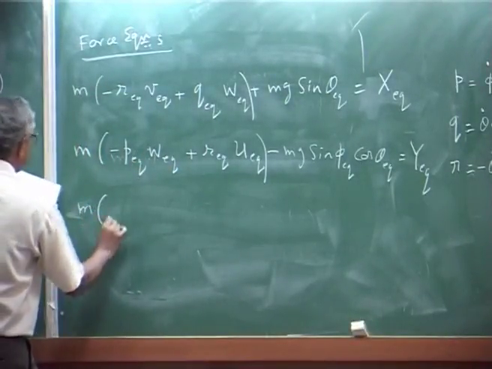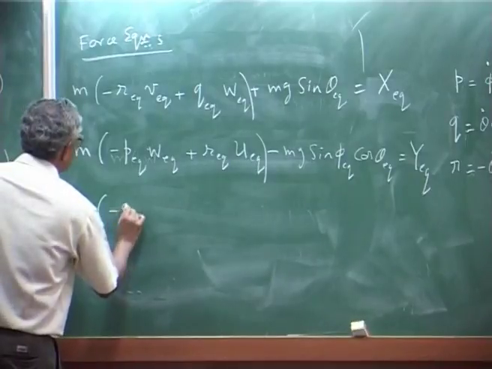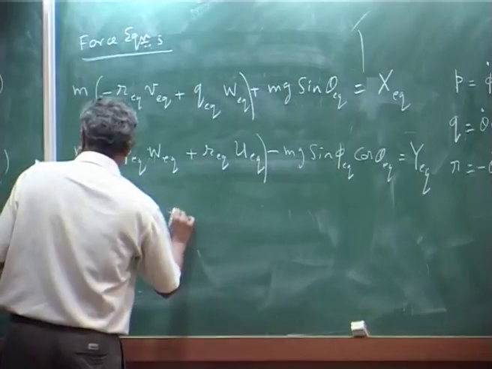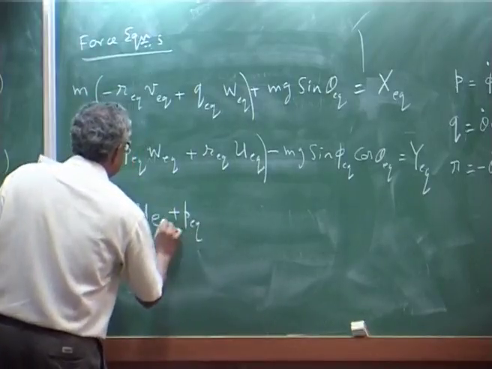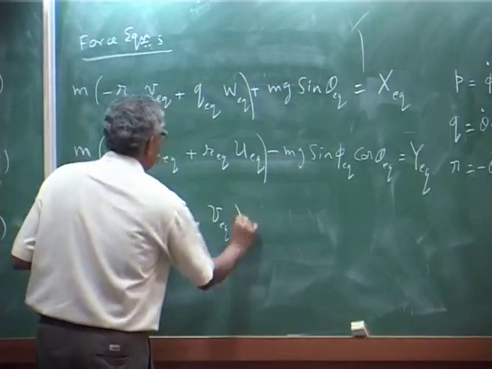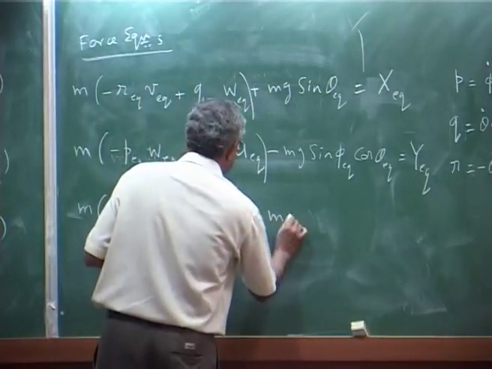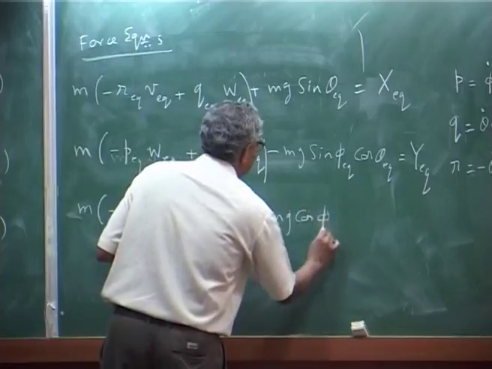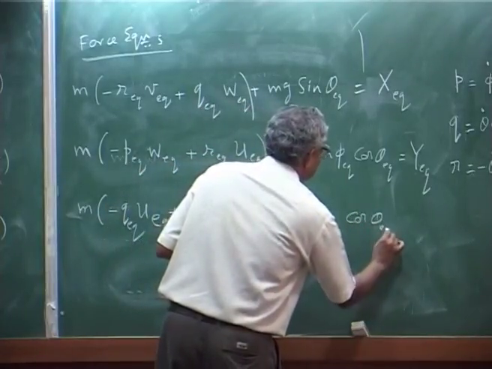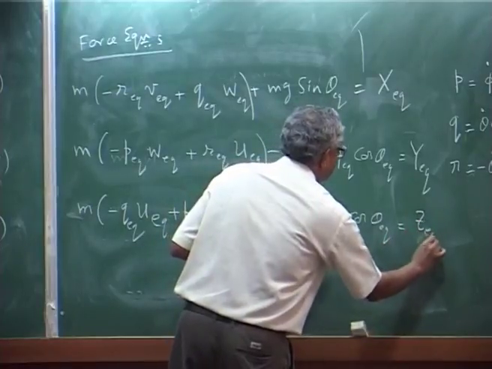Then the z equation: minus q e u e plus p equilibrium v equilibrium minus mg cosine phi equilibrium cosine theta equilibrium is z equilibrium.